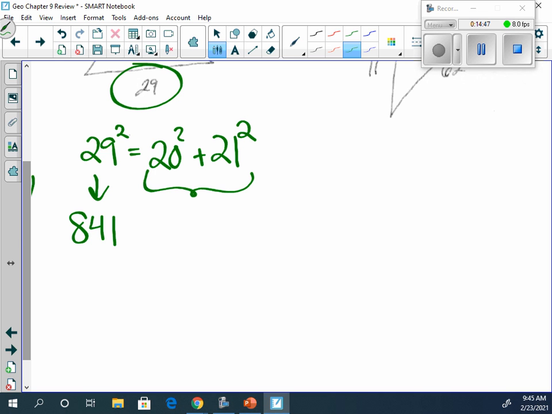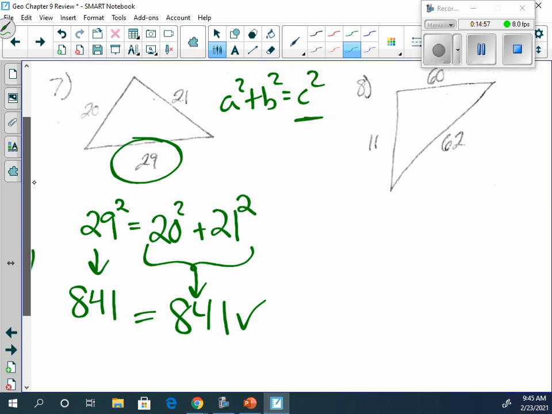Now we can do 20 squared plus 21 squared, which also gives us 841. So these are equal. So this means that this is a right triangle, because a squared plus b squared equals c squared. It does work out. And that's all we have to do for this here.